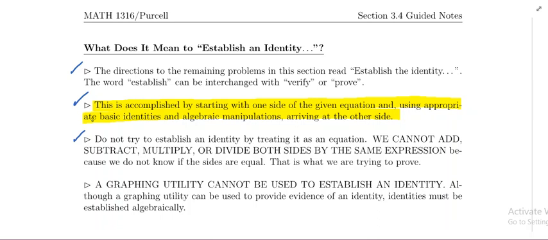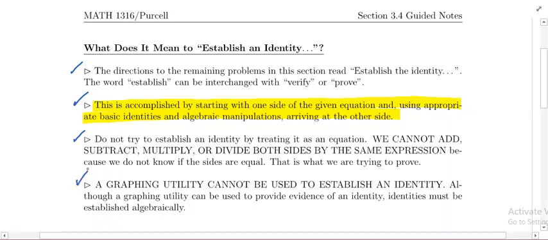So you can't treat this as a regular old equation. No adding the same thing to both sides, no subtracting, no dividing or multiplying both sides by the same quantity. You're basically starting with one side and trying to achieve the other.